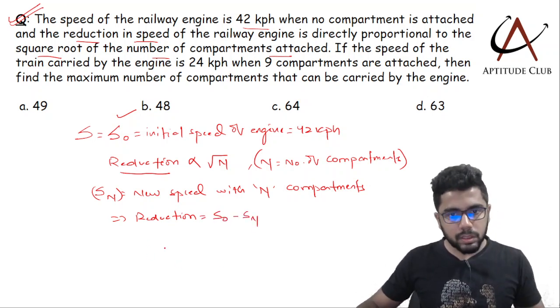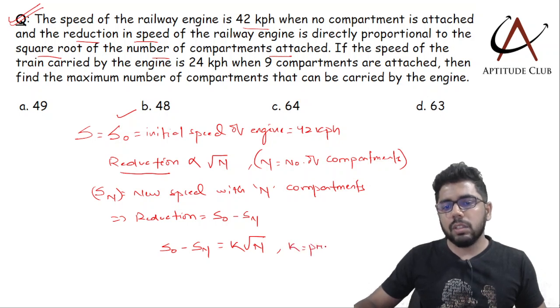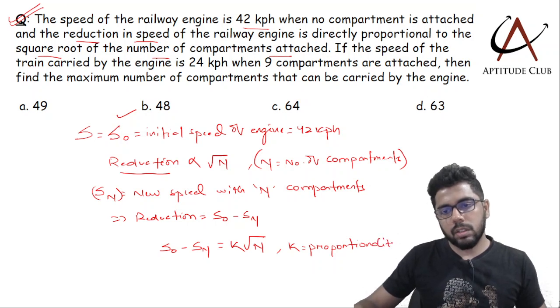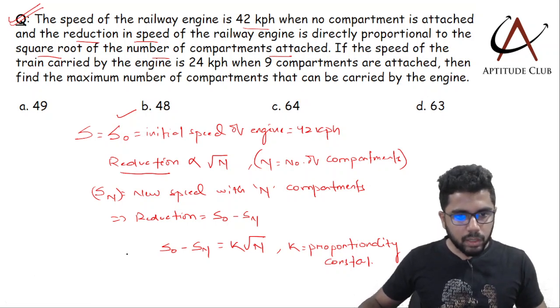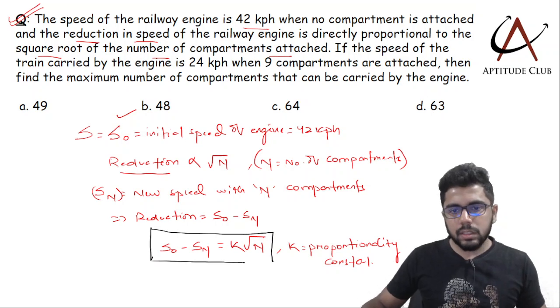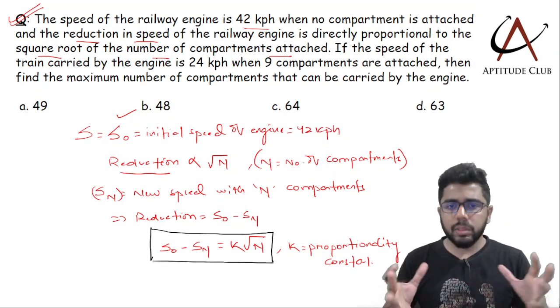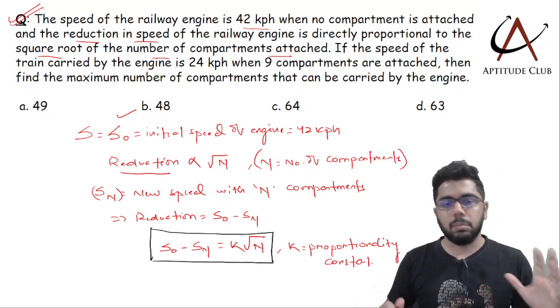As per the question, S0 minus Sn is k times square root of n, where k is your proportionality constant because it's a direct variation. This is my equation. I hope everyone makes sense of this equation and how we arrived at this result. Just read the question very carefully. It is extremely crucial to read the question properly in the exam.